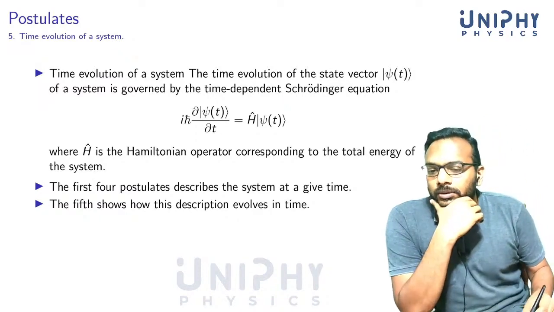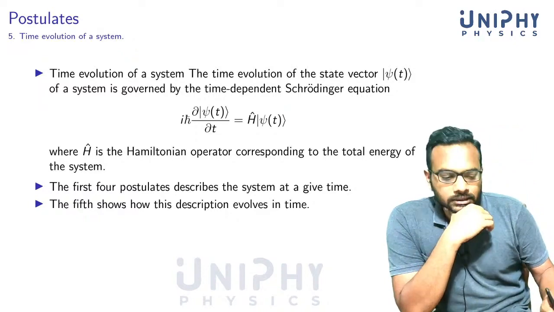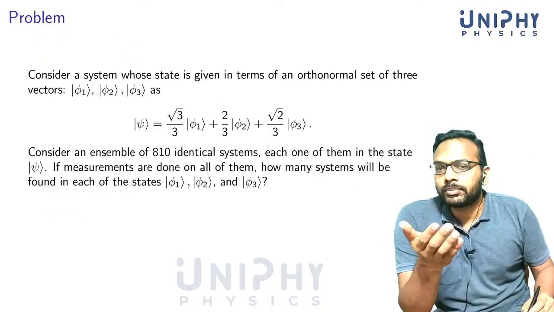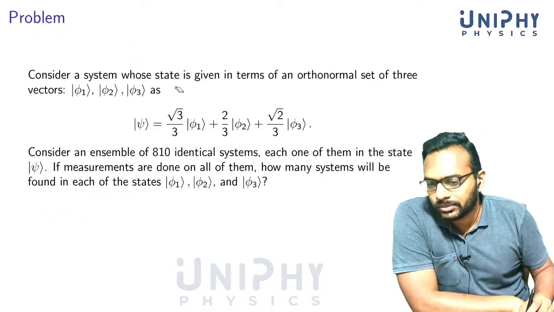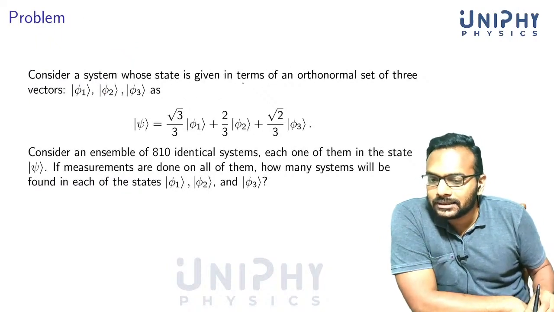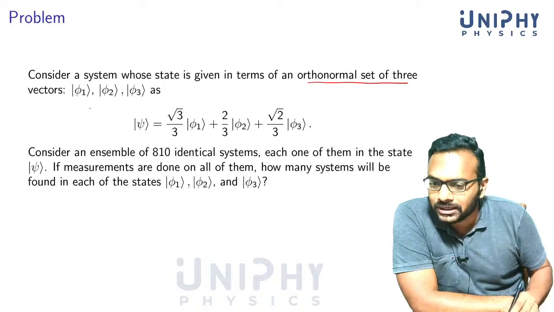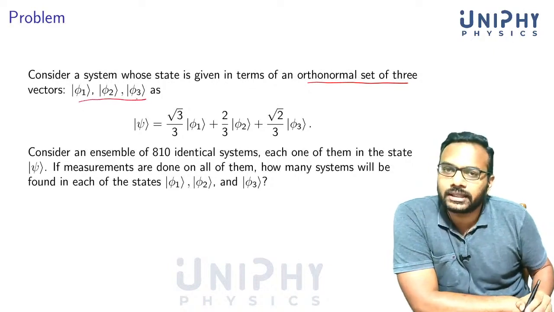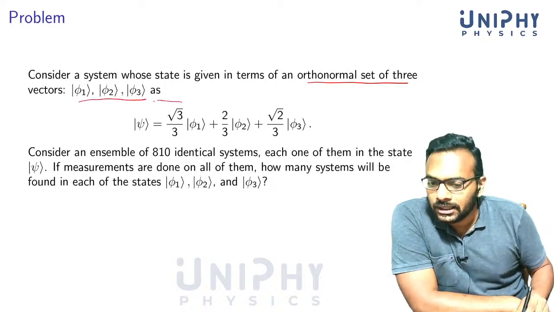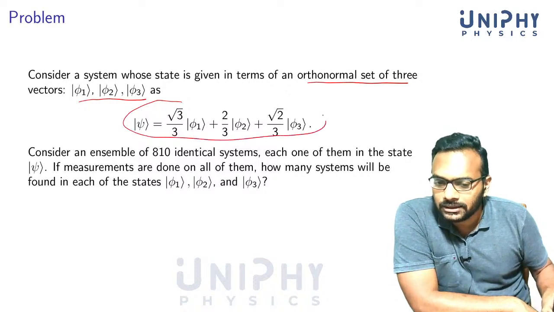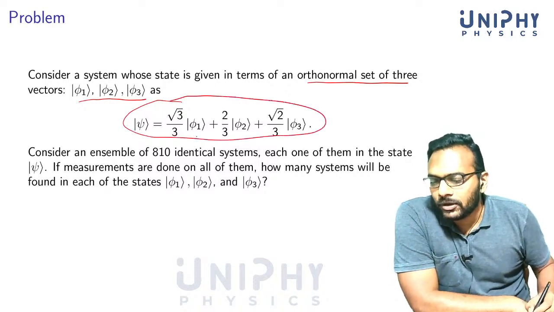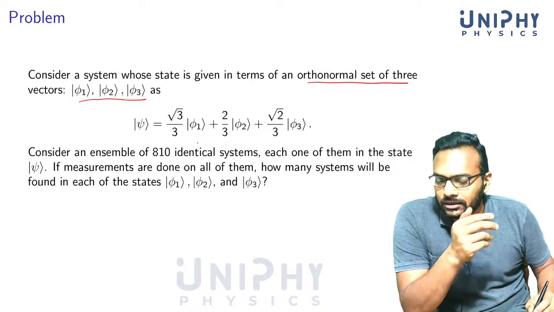Now we can do a problem. We'll see if we have understood all these postulates. So consider a system whose state is given in terms of an orthonormal set of three vectors, phi1, phi2 and phi3. So this is the state of the given system. We already saw this state before.